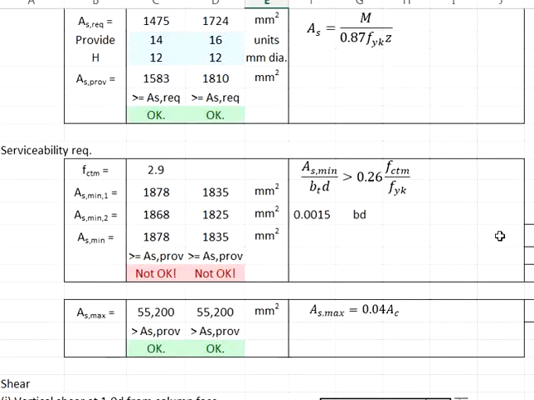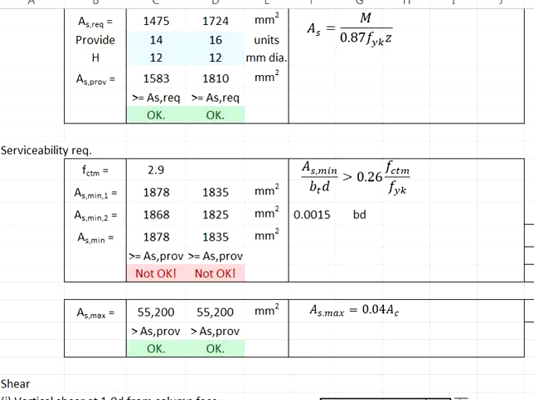Later, you're going to check for the As maximum and As minimum. Checking the As maximum is easier. We are talking about 4% of the concrete cross-sectional area. The Ac here is calculated by having the thickness of the pad footing multiply the width of the pad footing.